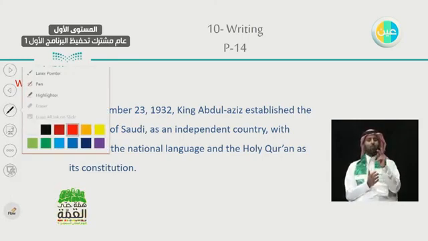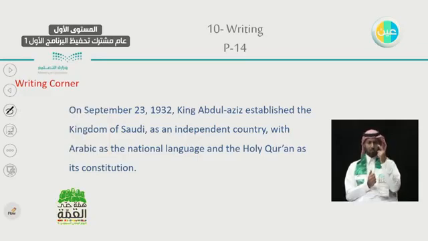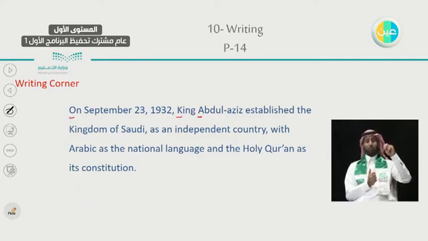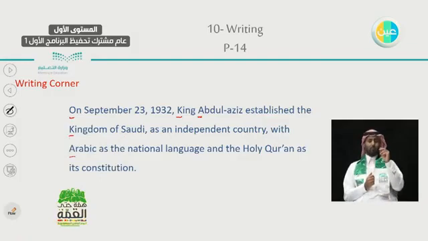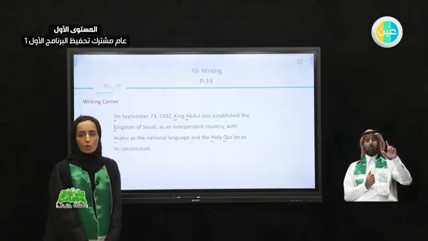We will check which letters are in capital. So we have the O here, King, K, A, and Abdulaziz. Then we have Kingdom, the K, Saudi is in capital, and we have Arabic as well, and Holy Quran in capital. Why are these in capital while the others are in small?